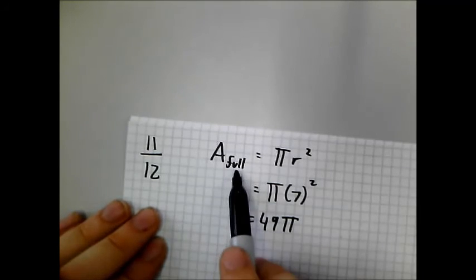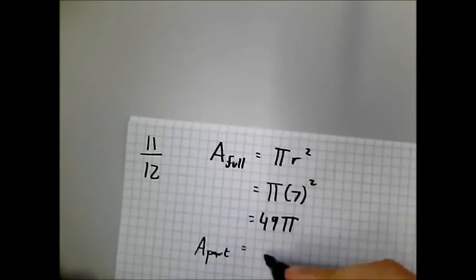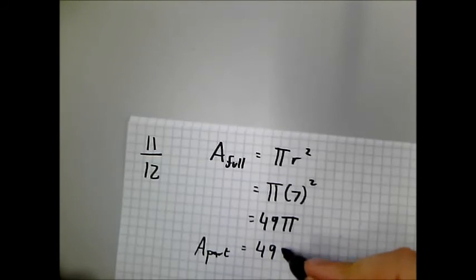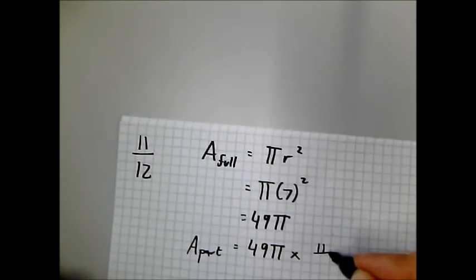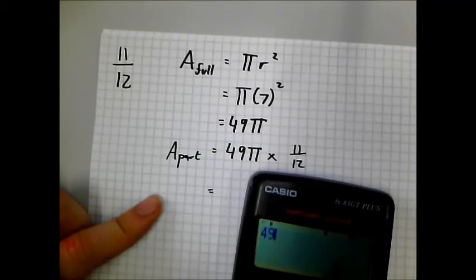I don't want the area of the full circle, I want the area of the part circle. So the area of the part circle is equal to the full circle, 49 pi, multiplied by my fraction, 11/12. Put that into your calculator. So 49 pi multiplied by 11/12.